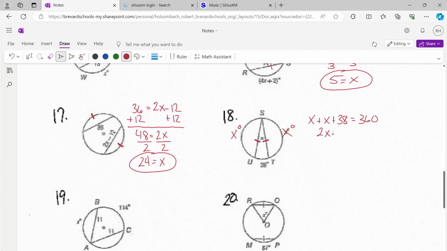So 2x plus 38 equals 360. So subtract 38 from each side. 2x is equal to 322. And then divide both sides by 2. 161.